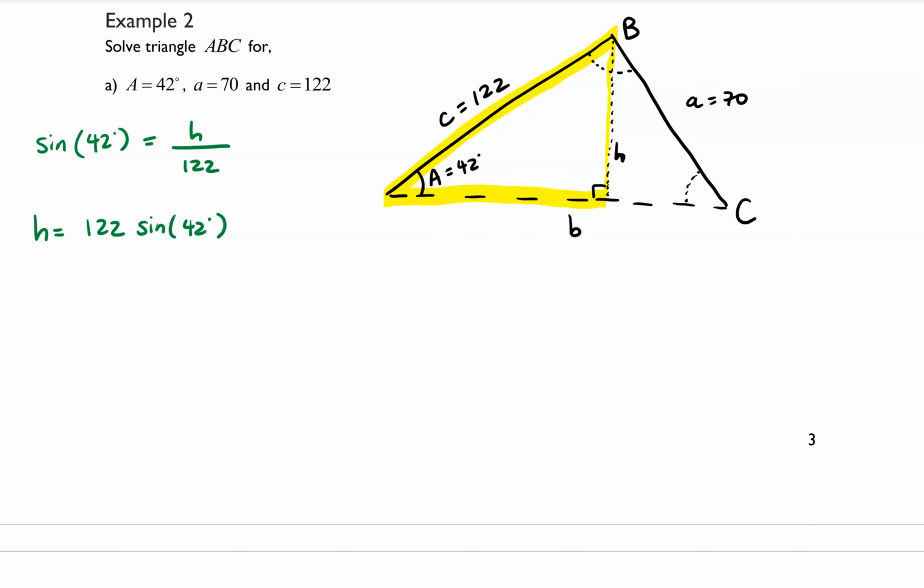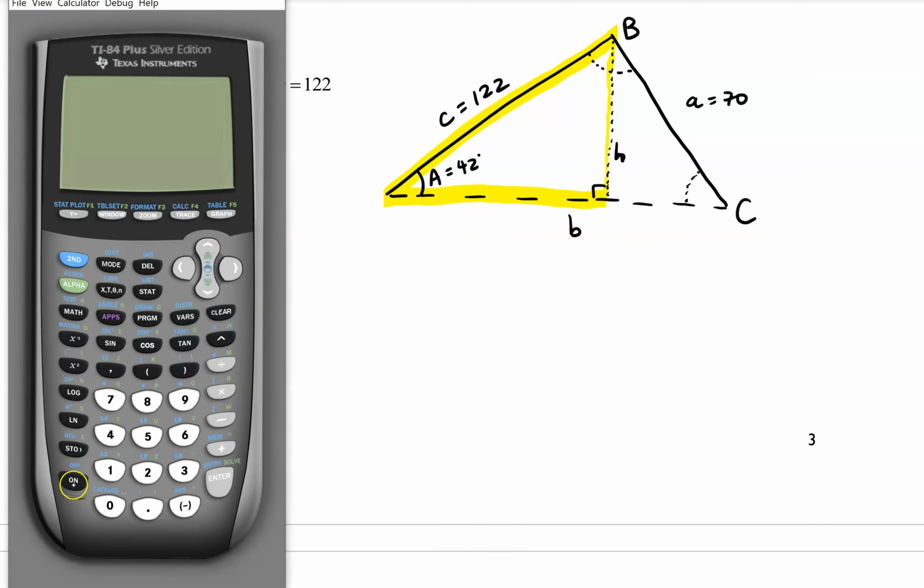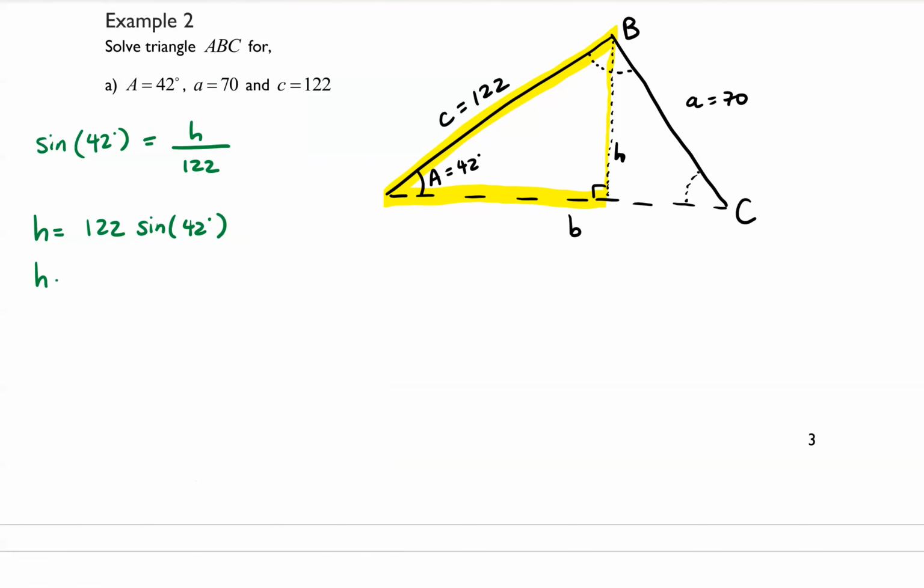And if I throw that into my calculator, that gives us 81.63. And notice that the other side lengths and angles are all given in whole numbers. So I'm just going to round that to the nearest whole number, which is 82.